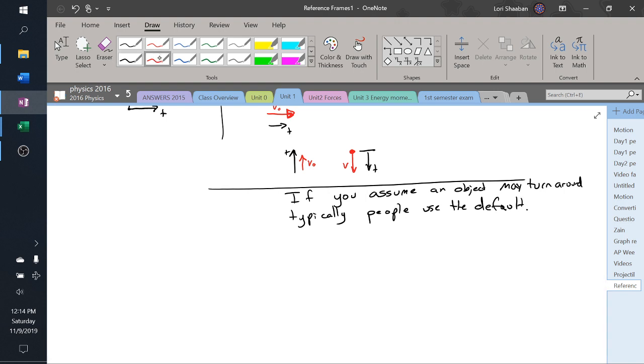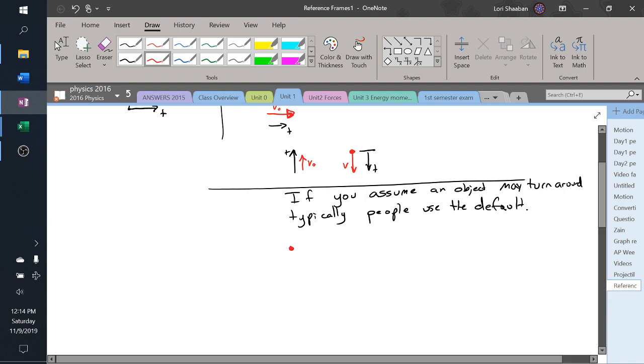Okay, so I start out with an object and it's going to go this direction, and maybe it slows down and then it goes back that direction. I'm going to use a default. But even if it's going this way originally, going backwards, and then turns around and speeds up, for me, most of the time I'm going to go ahead and say, oops, I don't want to put it there.